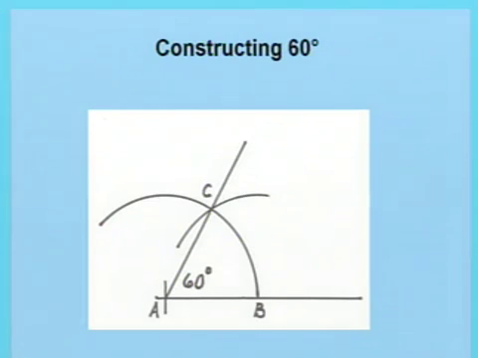That point is C. We join A through the intersecting arcs, and if we use the protractor and measure the size of that angle, it is 60 degrees.